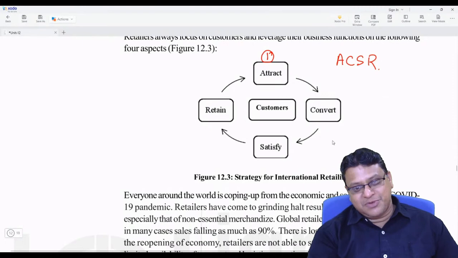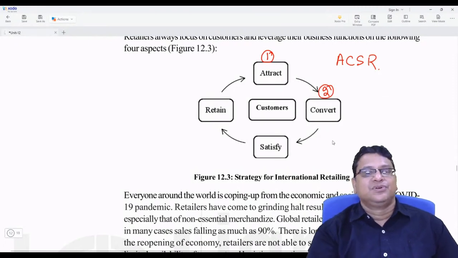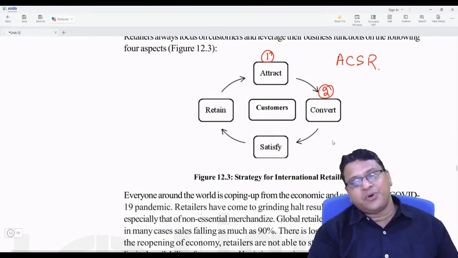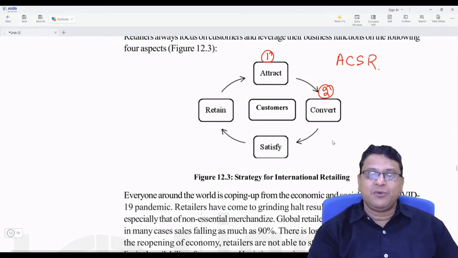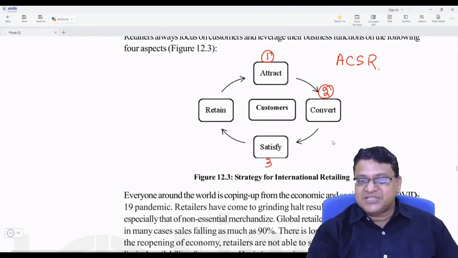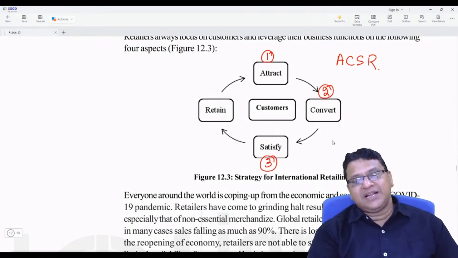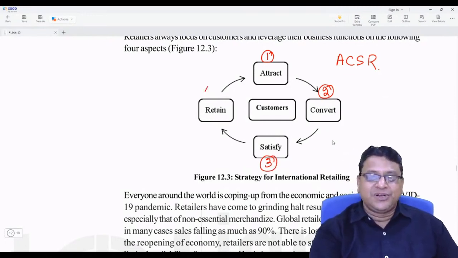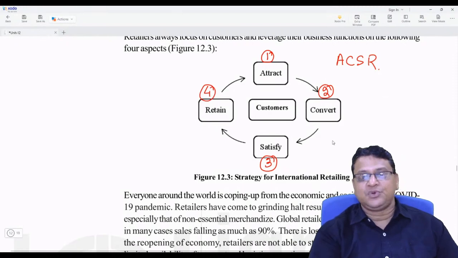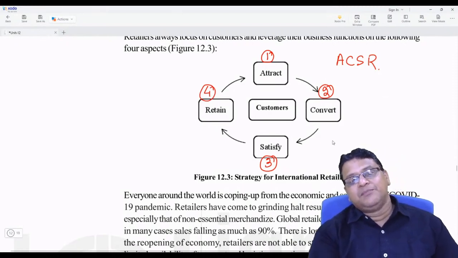Next, once the customers are attracted to your retail shop, then you have to convert them. So first we attract the footfalls, then we attract the prospect, then we convert the prospect to customers. Once they become customers, we try to satisfy their wants, and once they are satisfied, we try to retain them so that they will make the next purchase.